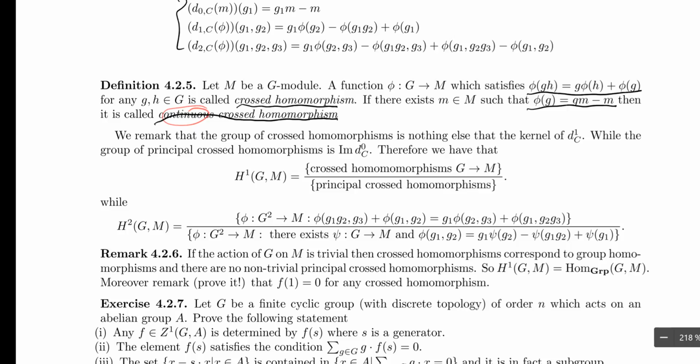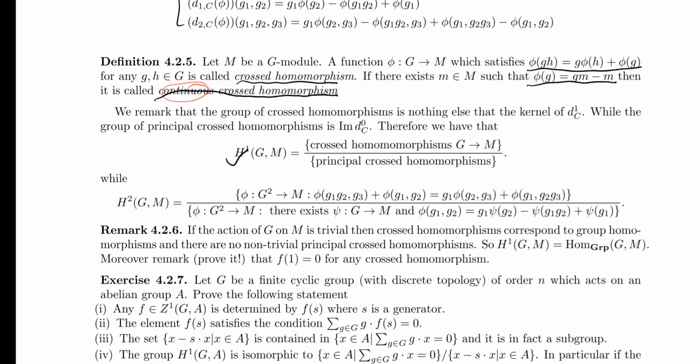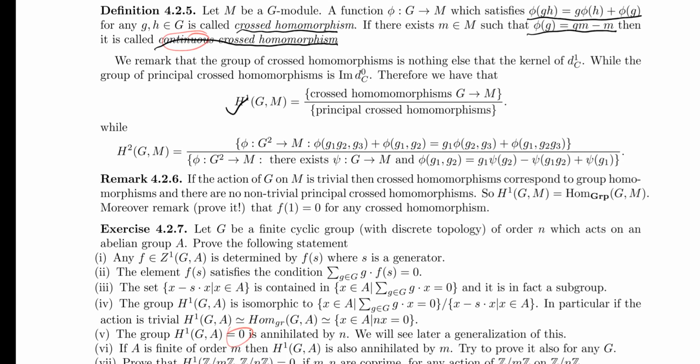By defining those terminologies, we can realize H1 as the group of cross homomorphisms quotient by the group of principal cross homomorphisms, and H2 has a similar, very explicit description. But when you actually want to compute, usually we do not use the definition. Usually we use the long exact sequence deriving from some specific short exact sequence.